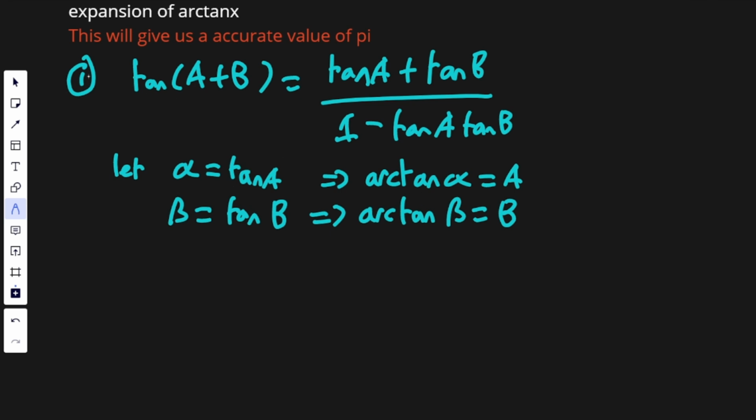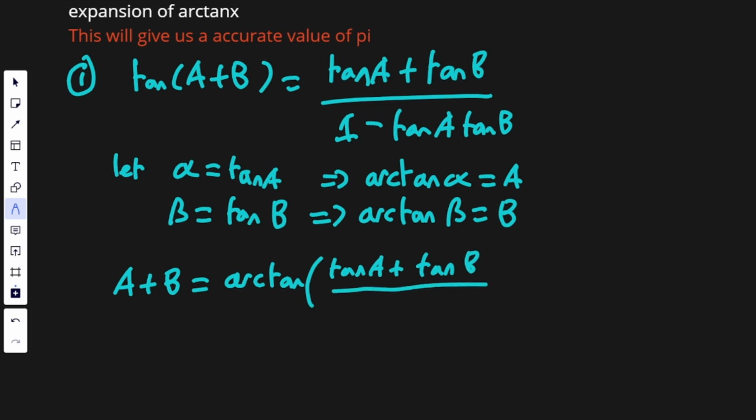Next, we're going to take equation 1, and we're going to apply arctan to both sides. That's going to cancel the tan on the left side. So we're going to be left with A+B, which is equal to arctan of (tan A + tan B) over (1 - tan A tan B).